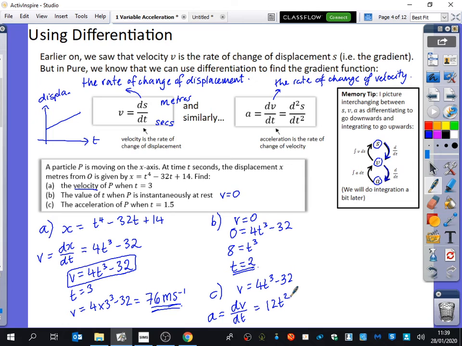Just differentiating it again to find the gradient of the velocity. And we know that t is 1.5. So the acceleration is 12 times 1.5 squared, which is 27 meters per second squared.